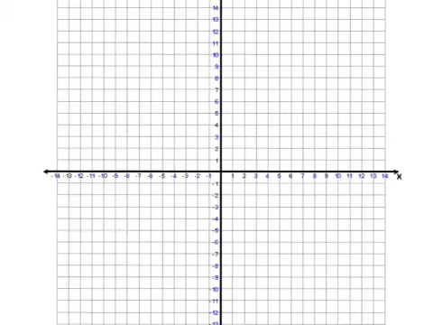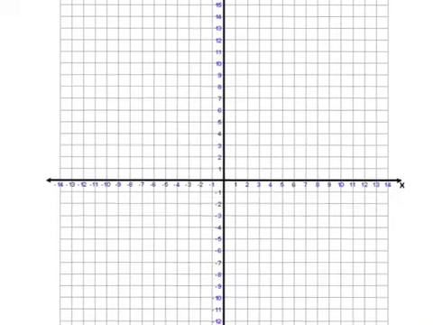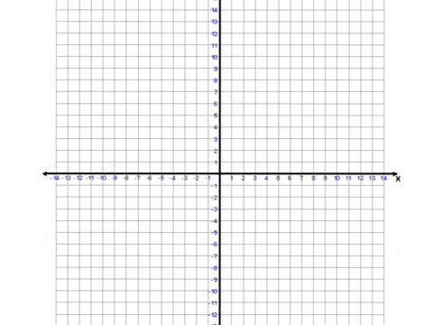Now we can start to graph the function. First, you will want to draw in the asymptotes at x equals negative 2, and at x equals 2.